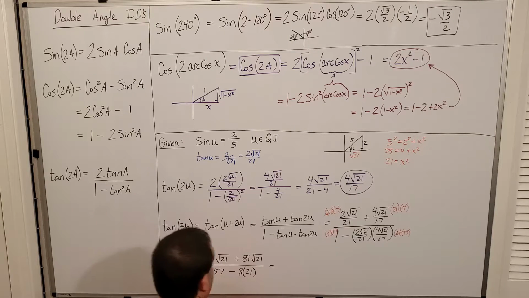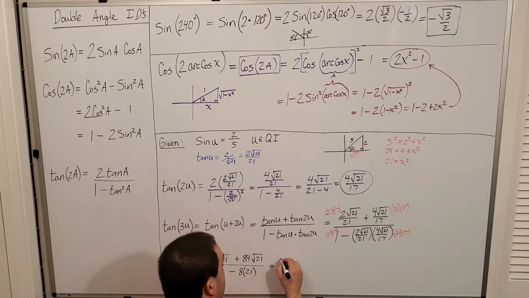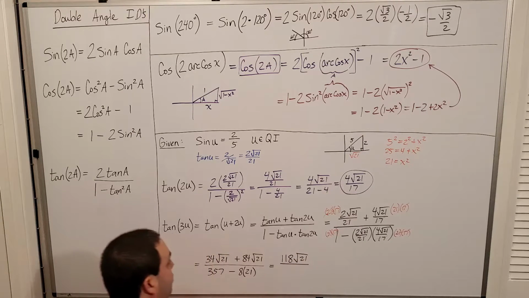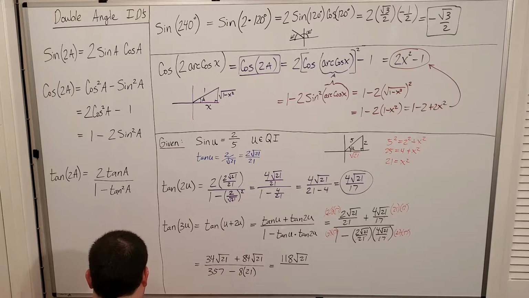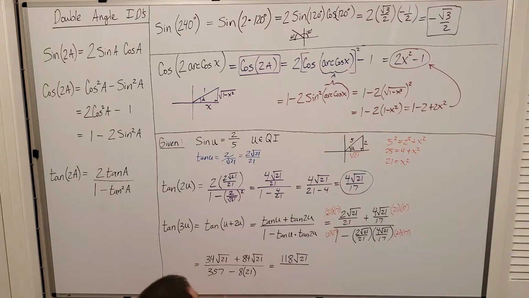So then, I've got 34 square root of 21 plus 84 square root of 21. So that's going to give me 118 square root of 21. And then in the denominator here, I've got 357 minus 8 times 21.